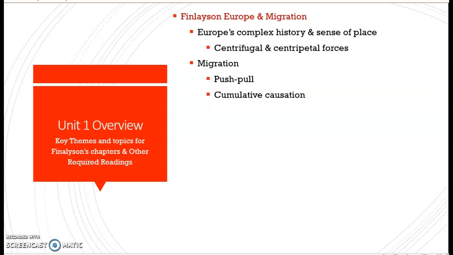We also look at cumulative causation, how areas that have strong pull factors often benefit at the expense of other areas. Some areas might lose their best and brightest through a brain drain to areas that are prospering. We see this internationally. We also see it within countries, where certain places like New York City might benefit from the attraction of talent at the expense of places you might find in Appalachia.